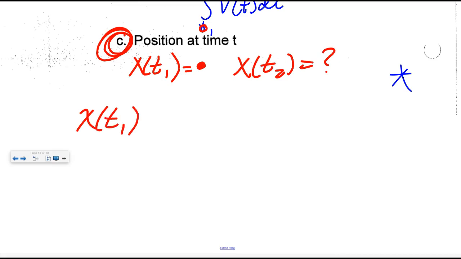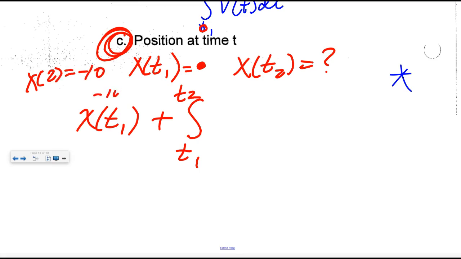Maybe I'm already 5 miles in. Plus then I'm going to get displaced over the next time interval. They might say at 2 hours in, you're back 10 miles. Well, then this would be a negative 10, and then I'd integrate from 2 on up to wherever I'm going to go. I need that initial condition when I'm doing my final position.